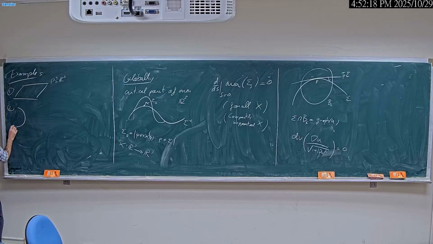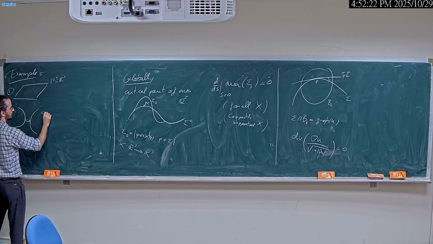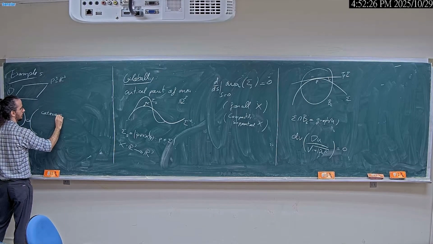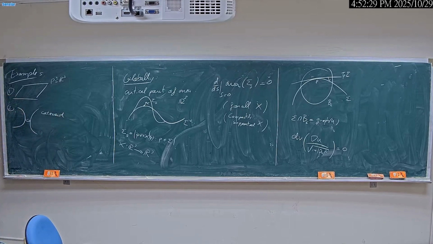Another example is called a catenoid. It looks a little bit like this. And it also locally solves the Plateau problem. If you look at a very small neighborhood around the neck here, you remember one of the Plateau problems I gave you, this is the solution. Of course, if you increase the size of this neighborhood, then the catenoid doesn't solve the Plateau problem anymore.